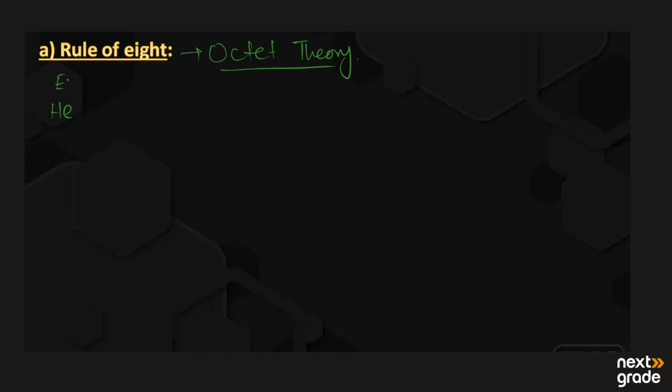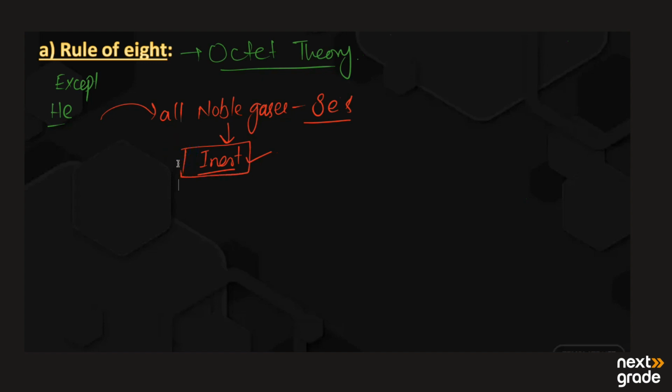Except helium, all the noble gases have 8 electrons in their valence shell, and all the noble gases are inert gases, or they do not participate in chemical reactions. So this is the main property of the noble gases.